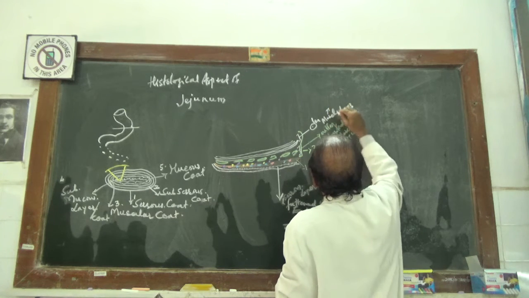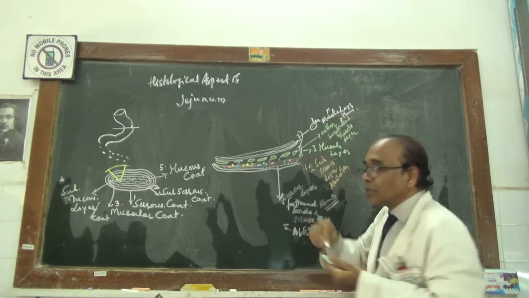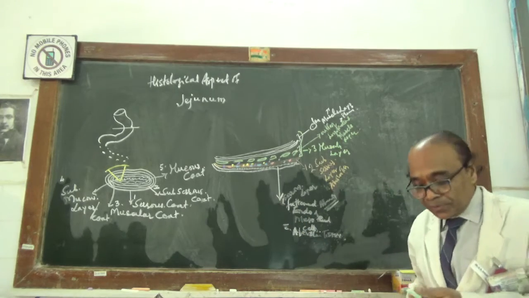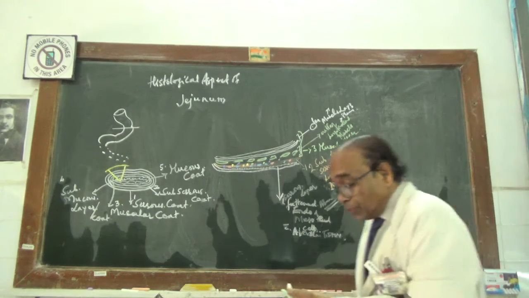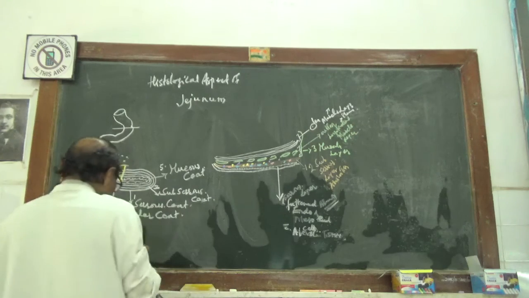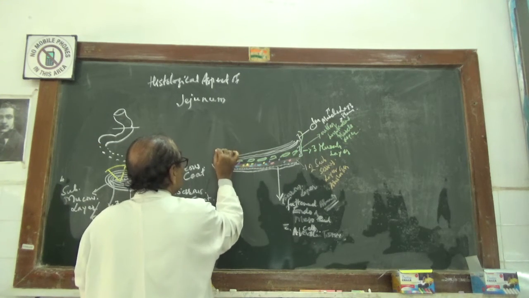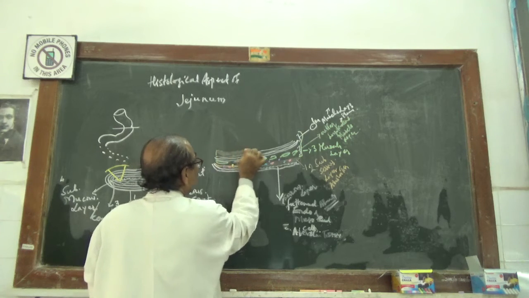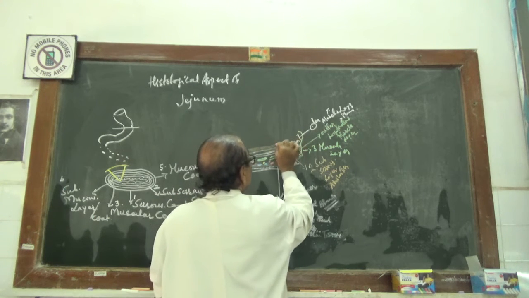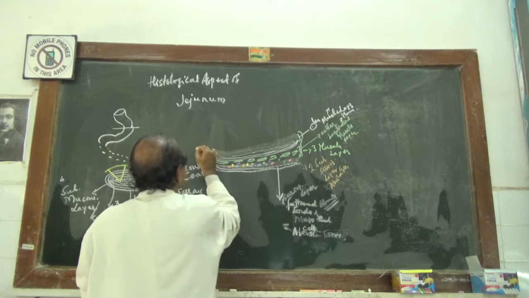These circular muscle and longitudinal muscle are the plain variety, present in the gut. Then you will get the fourth layer. The fourth layer is the submucous, not subserous. This is the submucous layer.